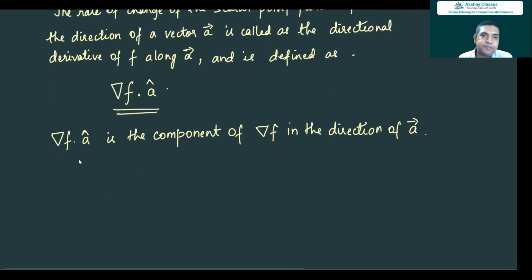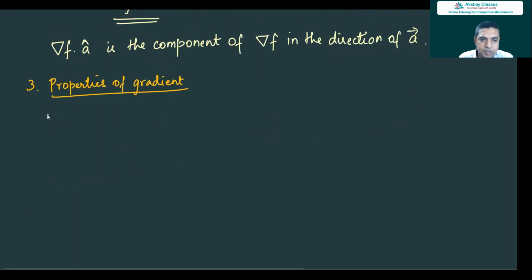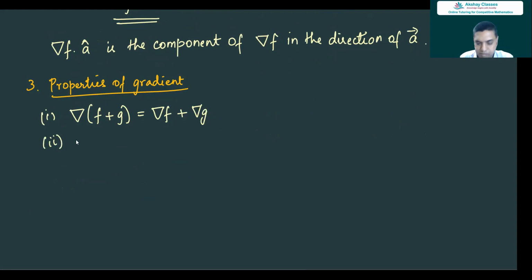Next, properties of the gradient. The first one: gradient of f plus g, two components, is grad f plus grad g. Now gradient of f times g is f times grad g plus grad f times g.